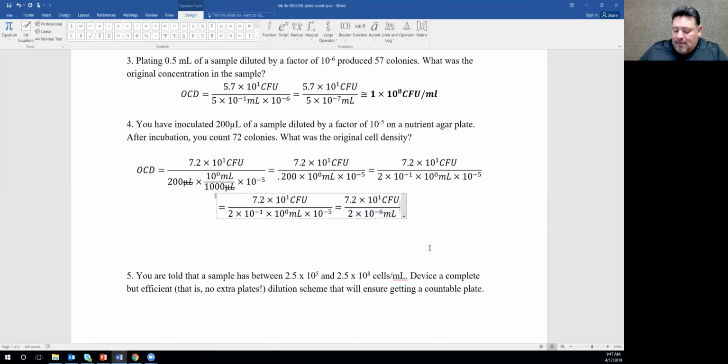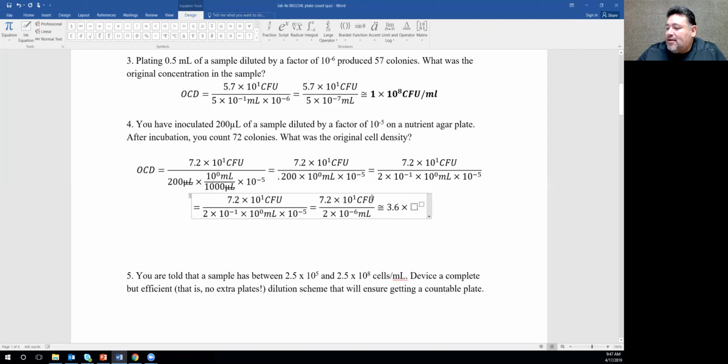Okay. Now we're going to say that that's approximately equal to 7.2 divided by 2. What is that, about 3.5, 3.6? 3.6 times 10 to what?